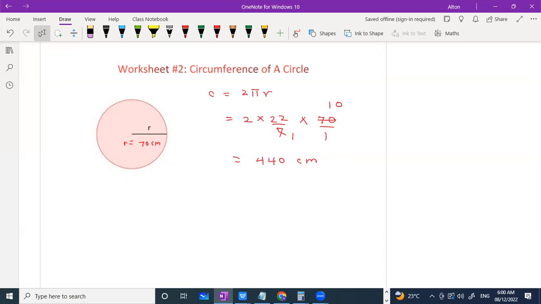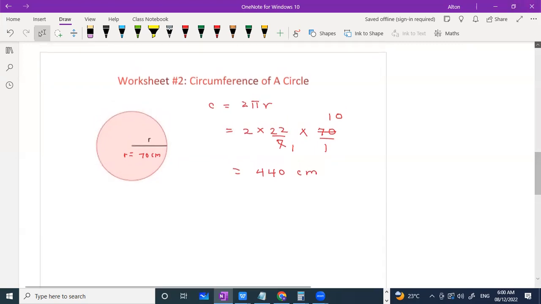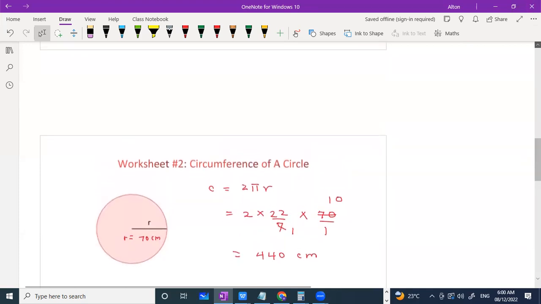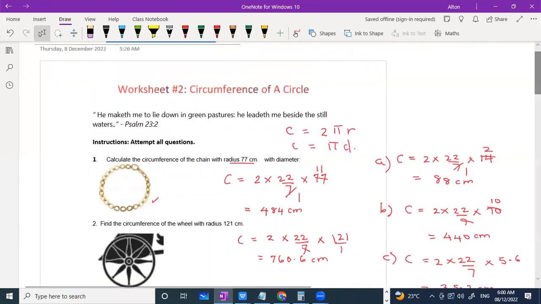Right, so let's see which question was similar to that, giving us 440. I'm seeing 484. I don't know why I thought, there it is, part B. So it was one of those that was listed right here.